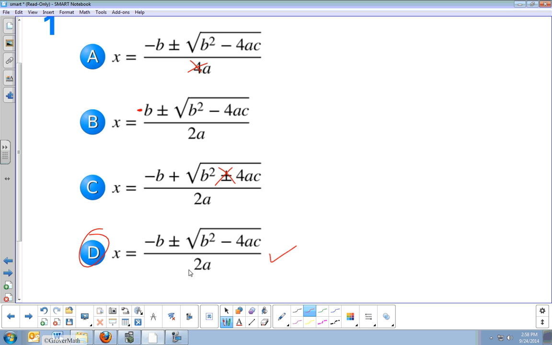So it is something that needs to be memorized. You could write it on top of your page for now, but at the same time, you really should take some time to practice memorizing it. You could even Google a YouTube video on a quadratic formula song, and you'll probably find some strange stuff. But whatever you have to do to memorize this formula, get it done.